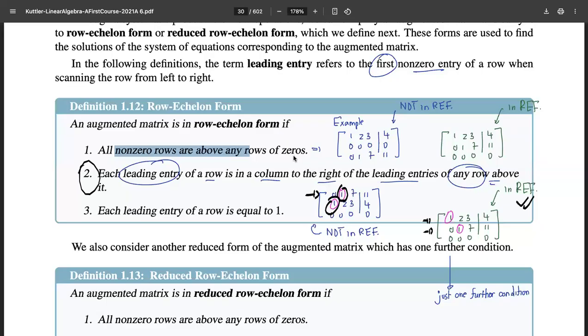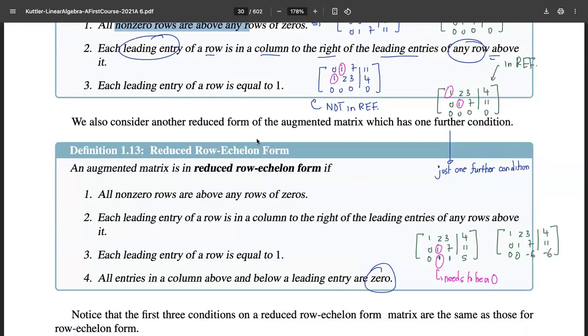Now I want to introduce the reduced row echelon form. This is almost exactly the same as the row echelon form, but it has one further condition. All the entries in the column above and below a leading entry must be equal to 0. So in this matrix here, the leading entry of the second row, I'm going to circle that in orange.